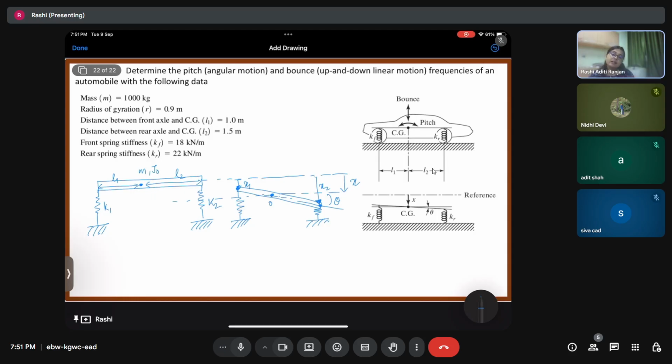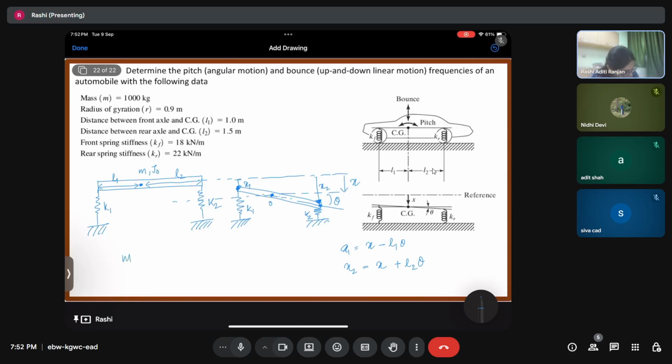So we can write x1 in terms of theta. How? If this is L1, x1 is nothing but x minus L1 theta, and x2 is x plus L2 theta, correct? So if this spring has a constant K1 and this has a constant K2, what do we get? Mass is coming down by x. So inertia force is going to act in the upward direction.